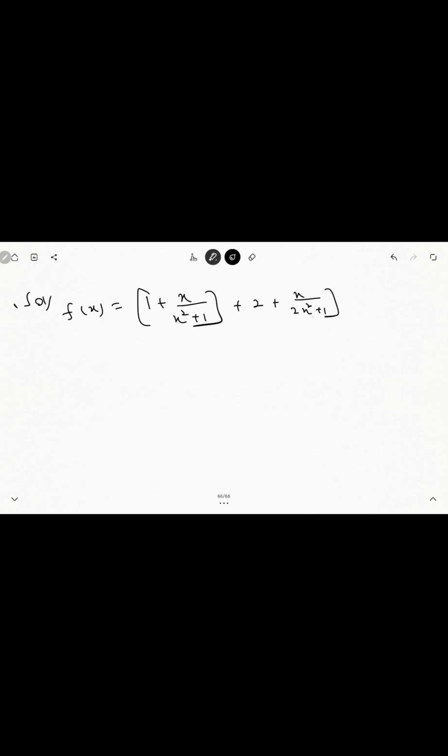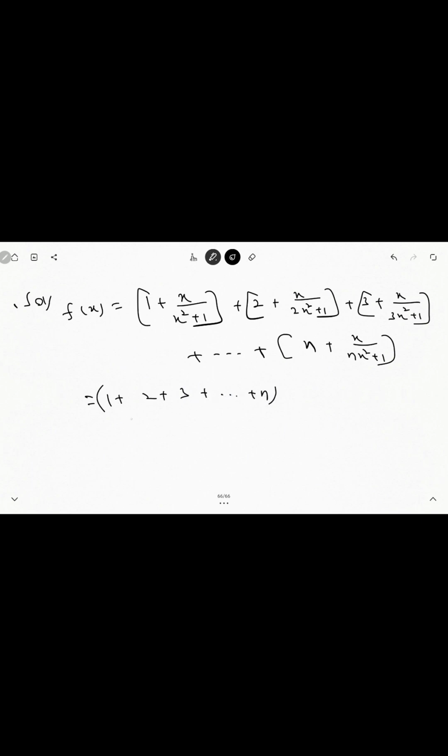First of all I am writing the integer part separately. Next one similarly 3 plus x by 3x square plus 1, plus so on. Last one is n plus x by nx square plus 1. So you can write 1, 2, 3 outside because of the property of the integer part. So 1 plus 2 plus 3 so on up to n I can write.